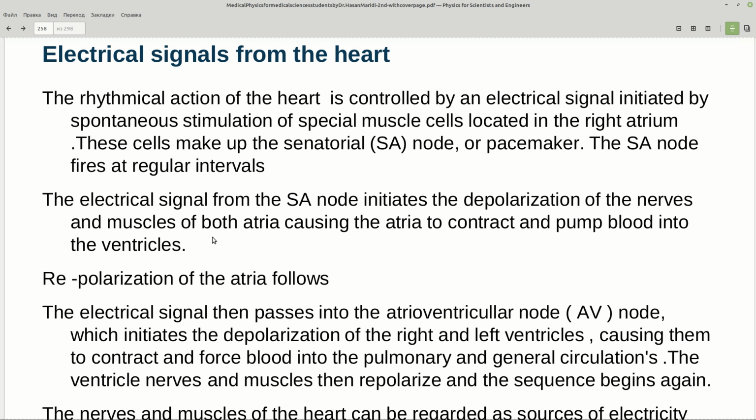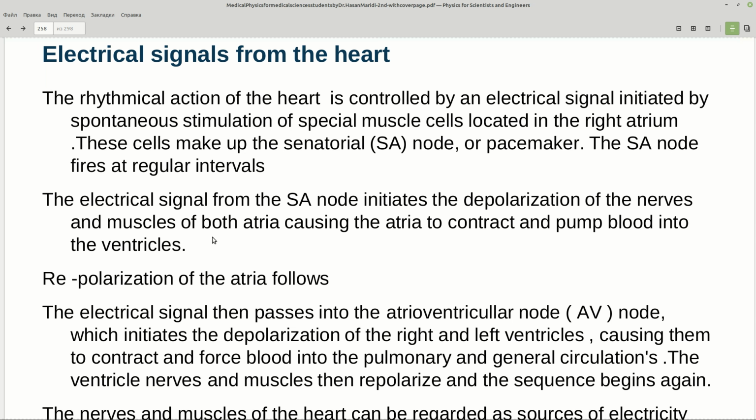Okay, so the figure is showing us a typical electrocardiogram. The P wave represents atrial depolarization and contraction.